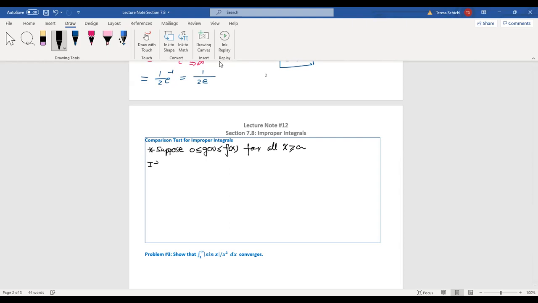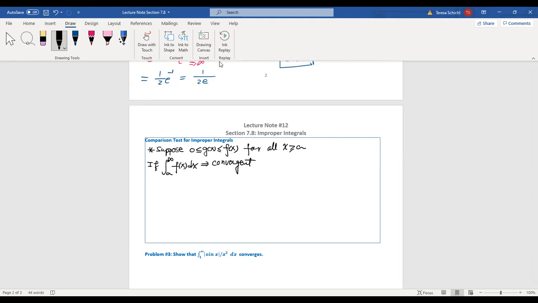So now if you integrate from a to infinity of f(x) dx, and this one is convergent, that means when you integrate it, it comes to a fixed number.